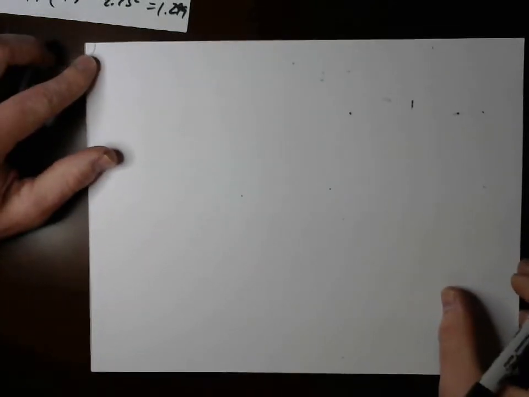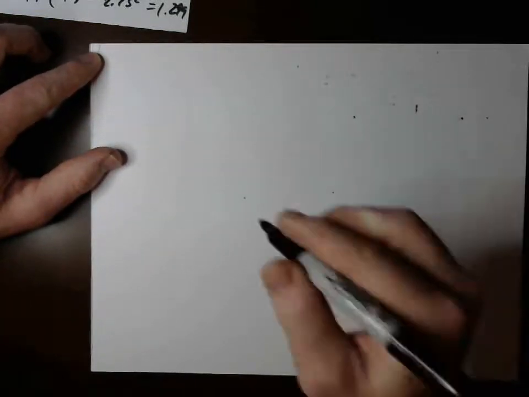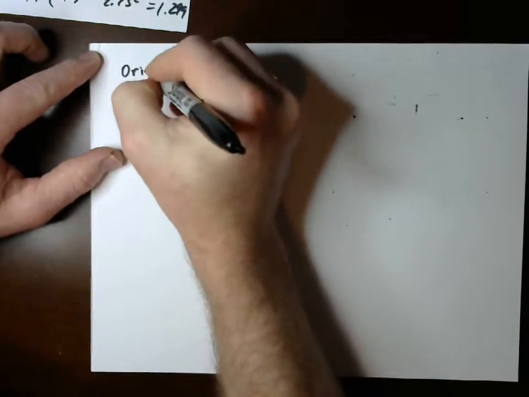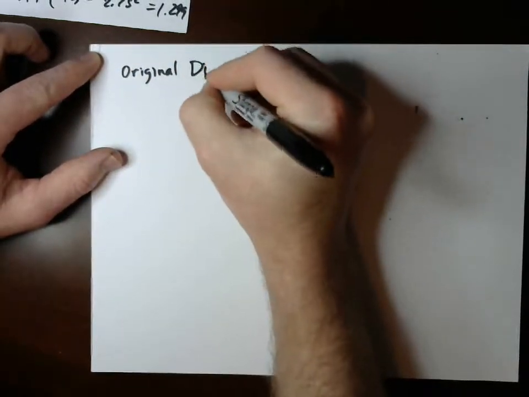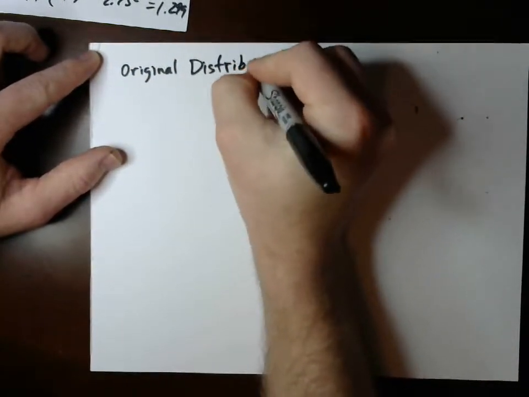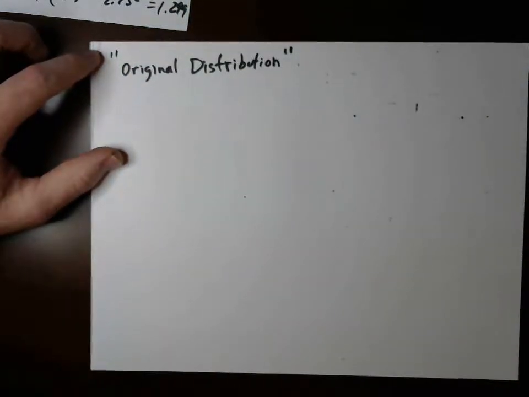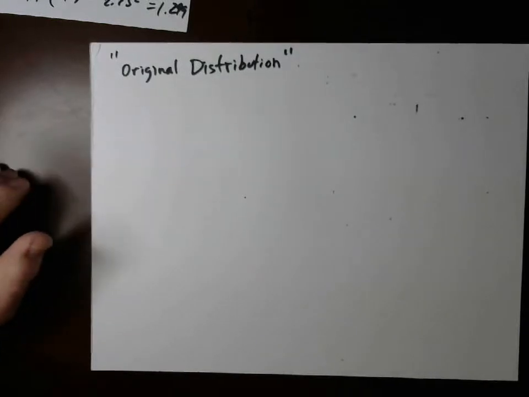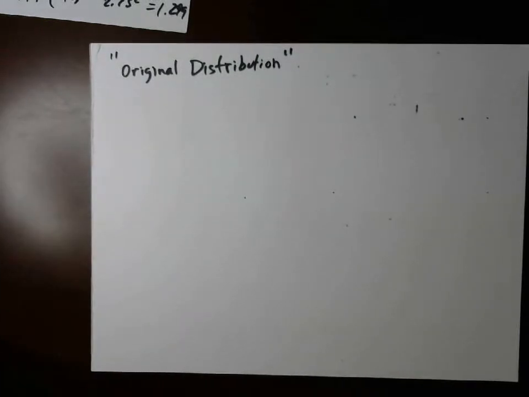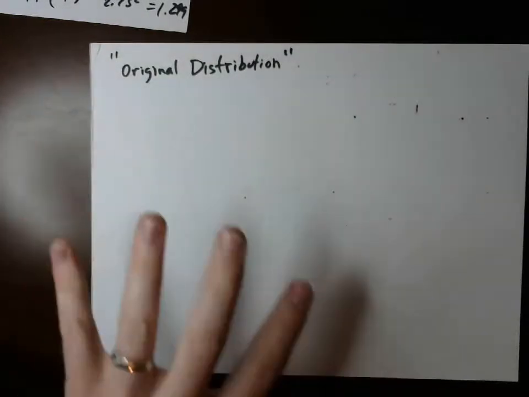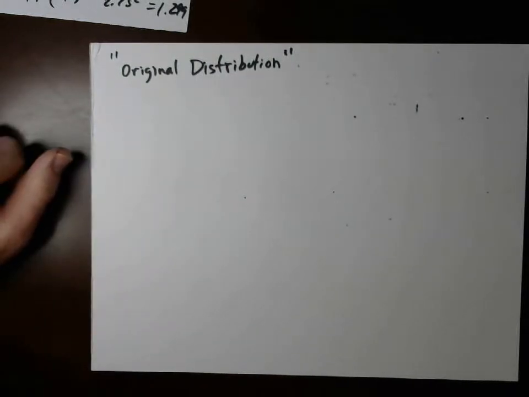So just to sum up what we've talked about so far: the original distribution, and I'm putting this in quotes because the text may not say original distribution, it mentions underlying population. So the original distribution means where you're taking your sample from.